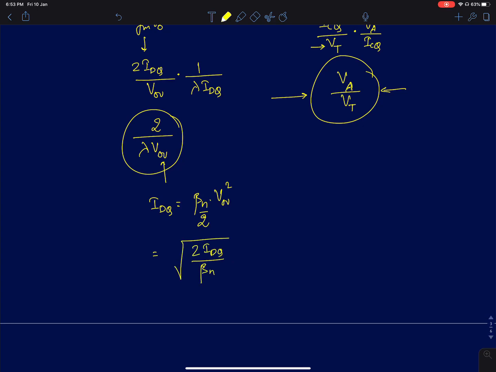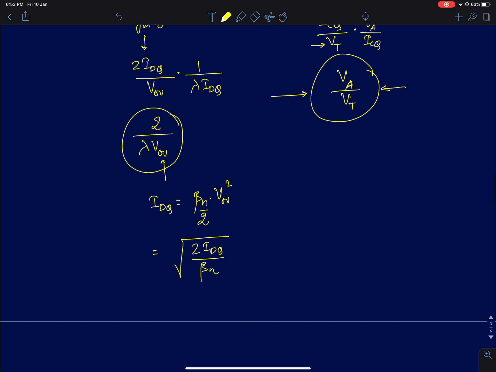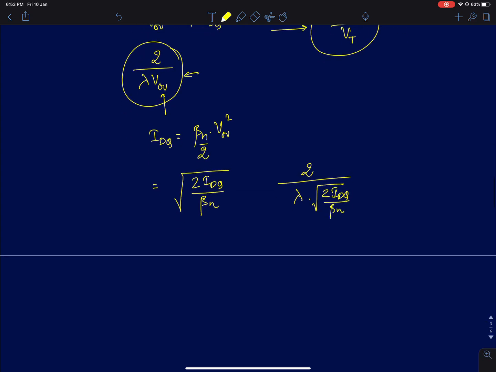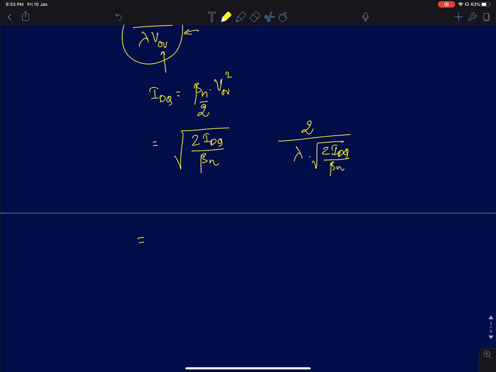So if you substitute it in this expression, you will get the intrinsic gain to be, so what you can see is that, I'll just look at the proportionality, how it is dependent on width and the current. If you fix your overdrive, let's say you change your current and W by L ratios together, then your intrinsic gain will not change.